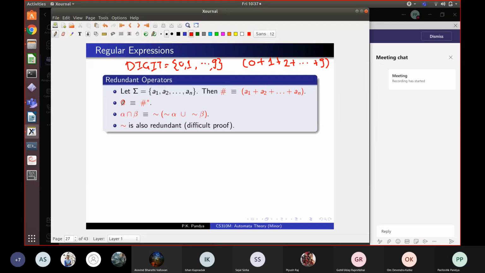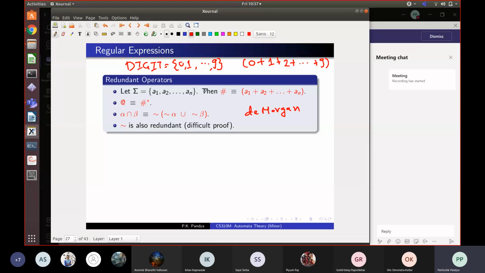Okay. So hash is redundant, at is redundant, intersection is redundant, because we can write using De Morgan law for intersection and union. We can write down intersection in terms of complement and union. Okay. So wherever intersection occurs, pattern of the form alpha intersection beta, we can write it as this.